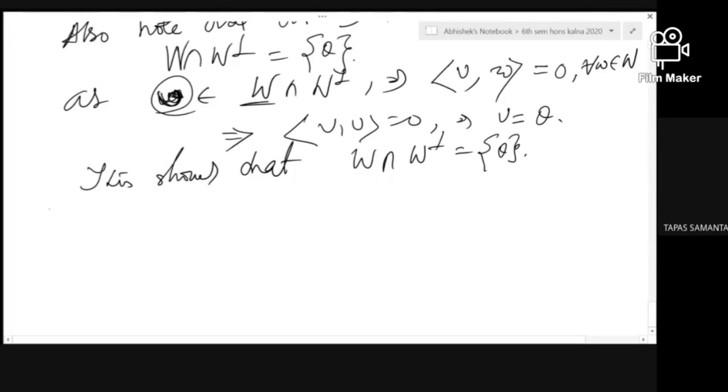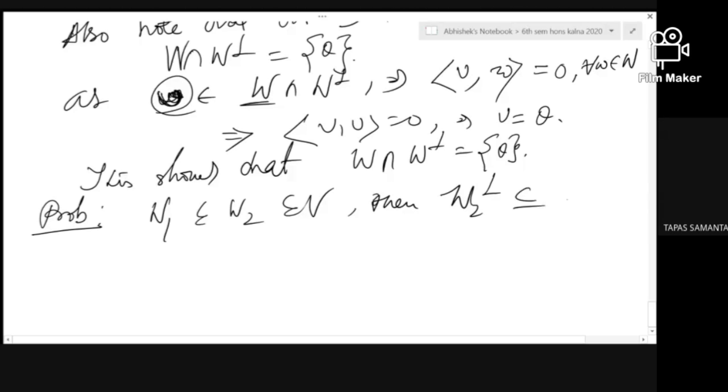Now it is your exercise to check that if W1 is a subset of W2, which is a subset of V, then W2 perp is a subset of W1 perp.